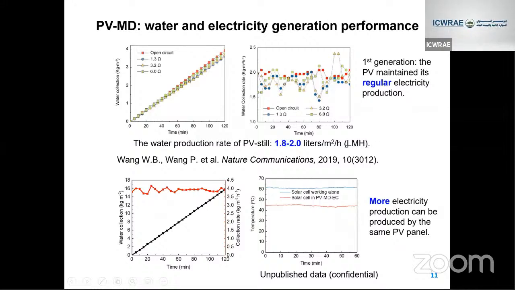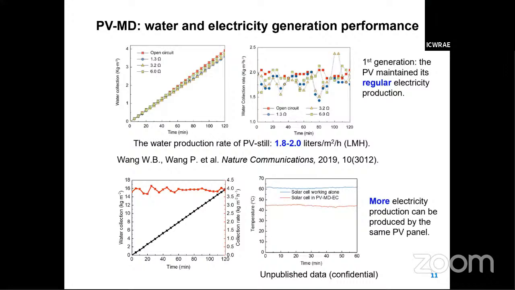Now, this is already much higher than no more than 0.5 LMH for the conventional solar still. And for the first generation device at that point, the PV panel was able to produce its regular electricity, meaning that it did not produce more, and did not produce less electricity as compared to the PV panel without water production function.